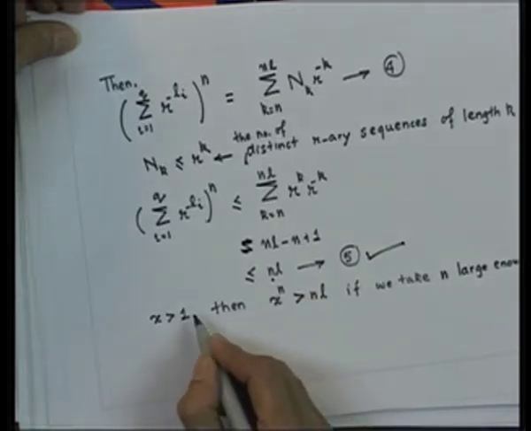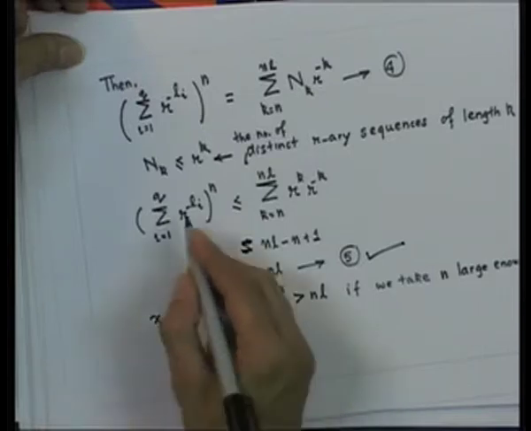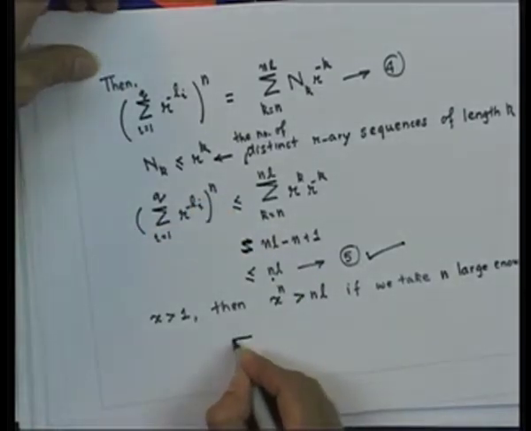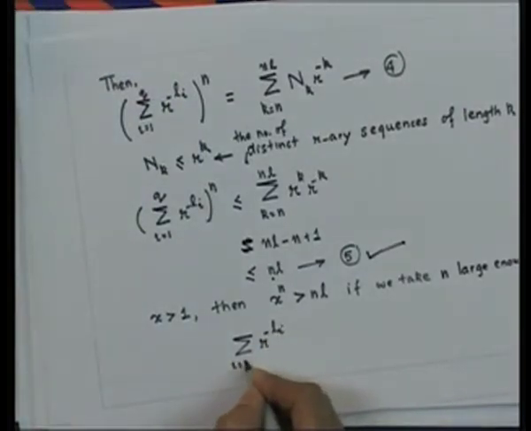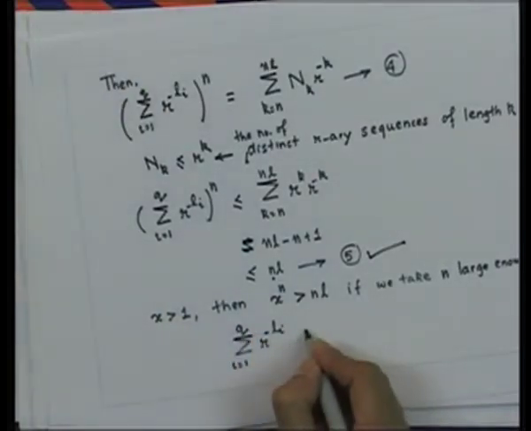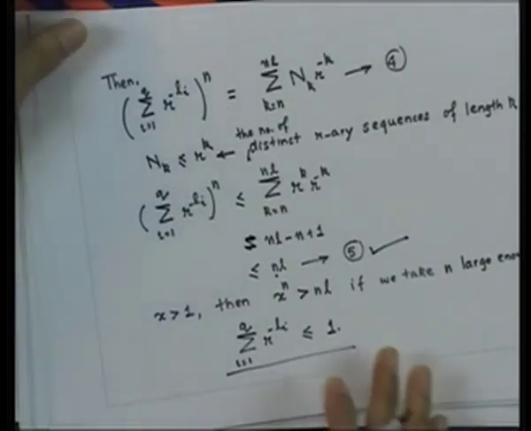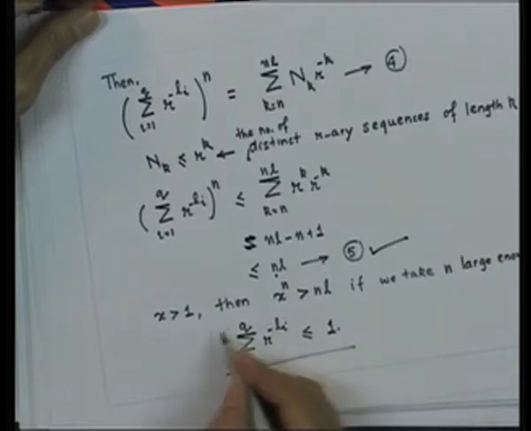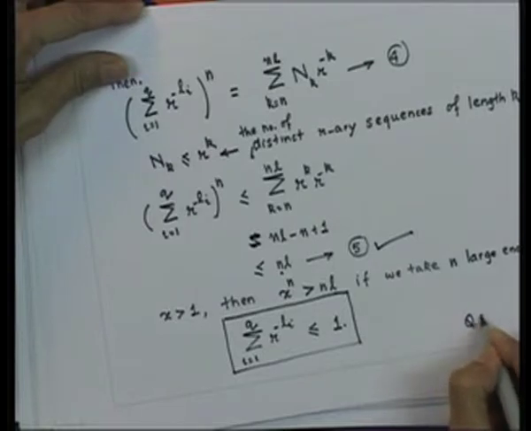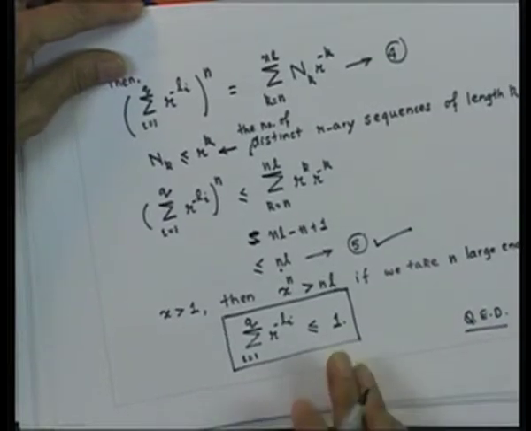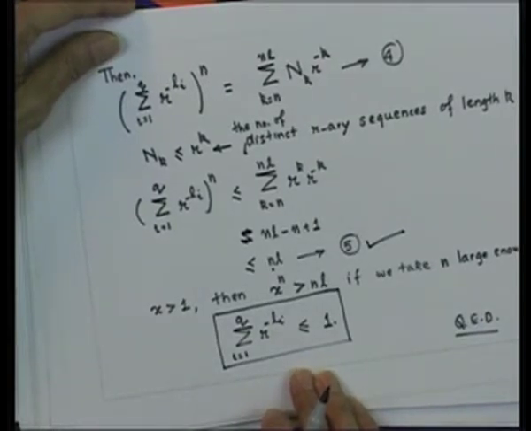So, what it implies is that x should be less than or equal to 1, and in our case x is nothing but this quantity out here. So, this implies that the summation of r raised to minus li, i equal to 1 to q, should be less than or equal to 1. So, if the code is uniquely decodable, we have proved that this condition has to be satisfied. This condition is valid both for uniquely decodable code and instantaneous code.